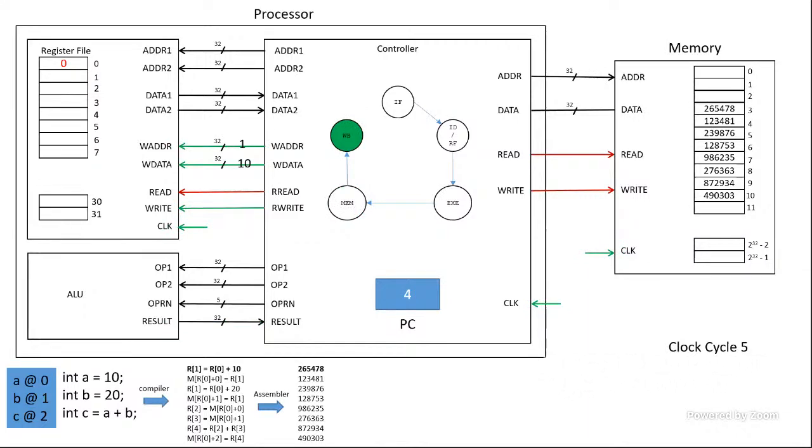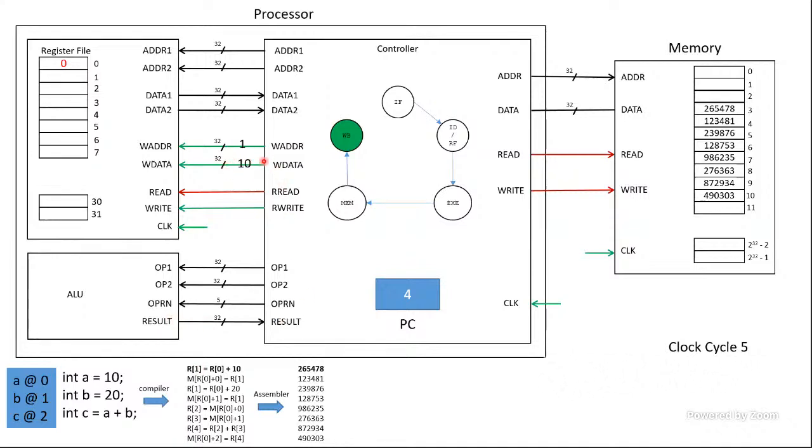Now, next clock cycle, it is a write back. Whatever the result of this addition, it should be stored back into register 1. That's what the instruction means. Write back always means write back to the register file. Remember, the ALU sent the data 10 to the controller.